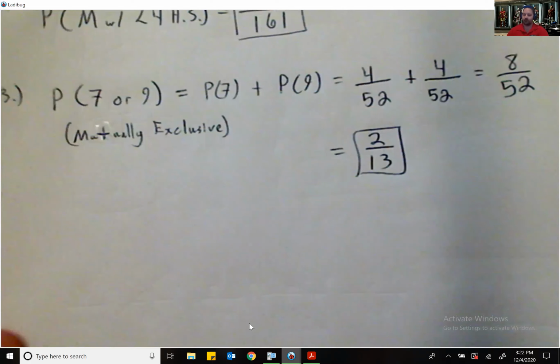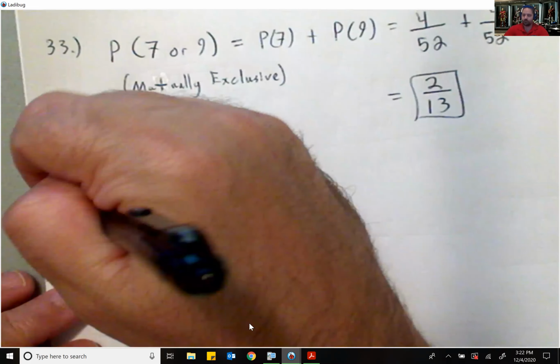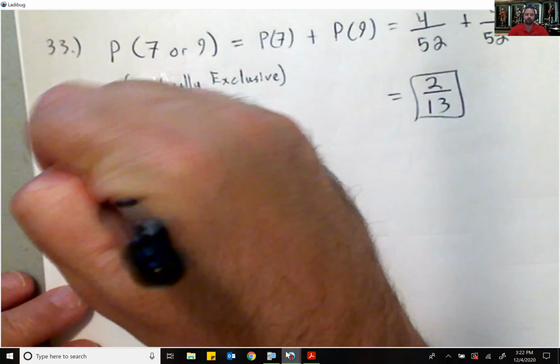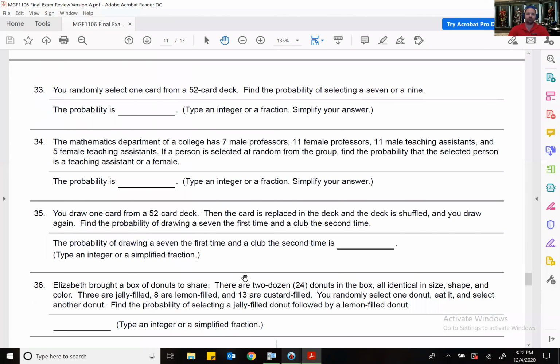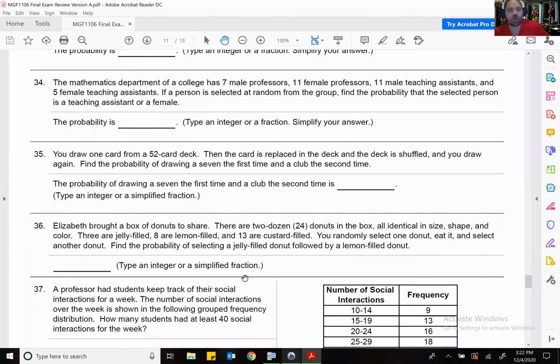All right, number 34. So 34 says, you draw 1 card from a 52 card deck. Then the card is replaced in the deck and it's shuffled. You draw again.